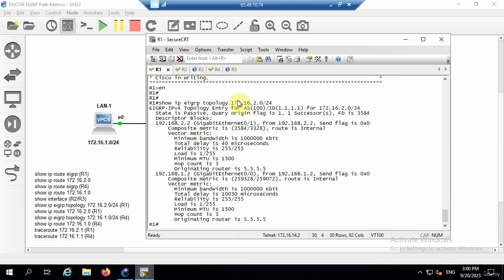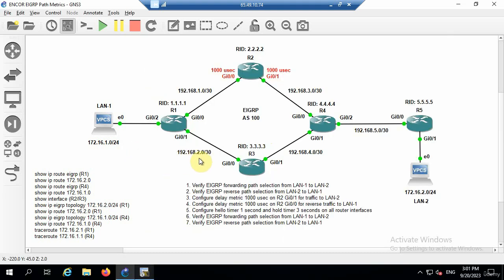So right here, this is just specific to this route. It's passive, so that means it's converged. One successor. And you notice here the top one, 192.168.2.2, has a lower metric. That's 192.168.2.0, so it's taking this path here.